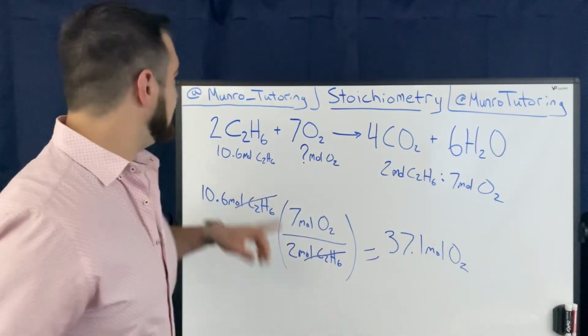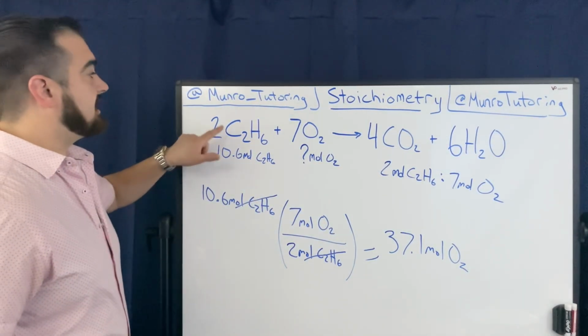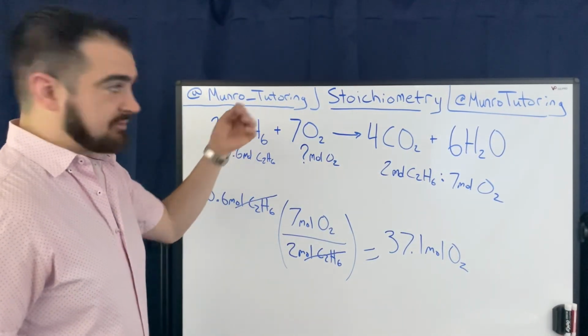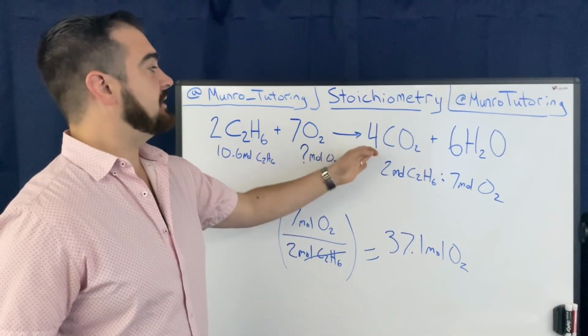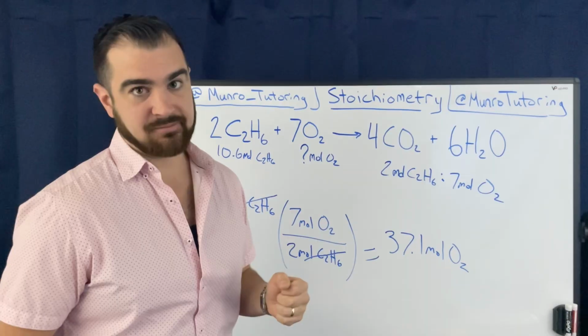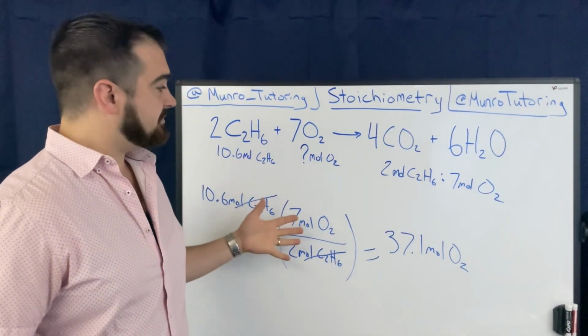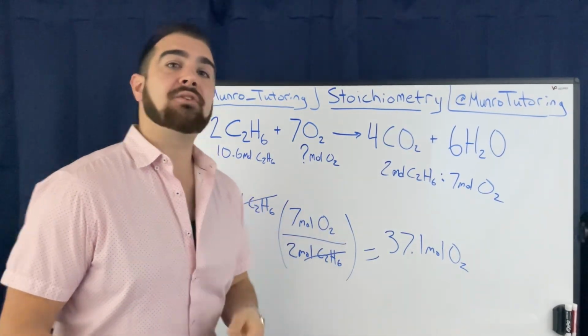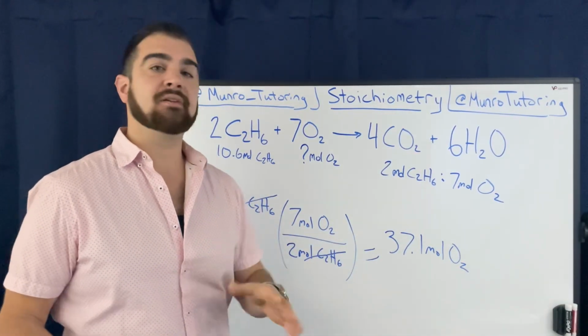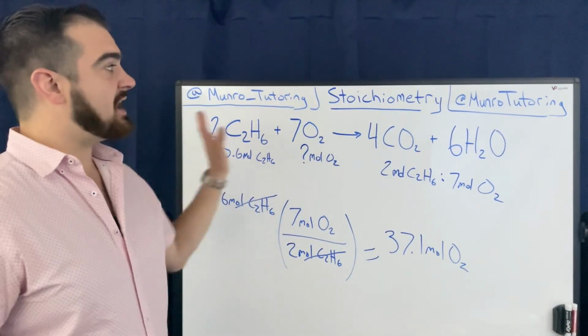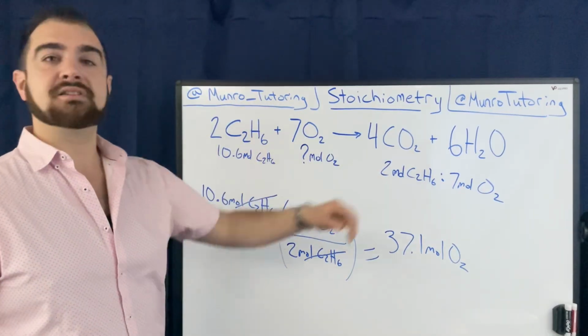So it's always going to be the coefficient moles of the substance and then a ratio with whatever else they're asking you about, this many moles of that compound. And then you just throw that into the parentheses and you get your answer. So again, it doesn't matter if you have info about a product or a reactant and you're asked about any of them. If it's in the chemical equation and it's balanced and you have the coefficients, you're good to go.